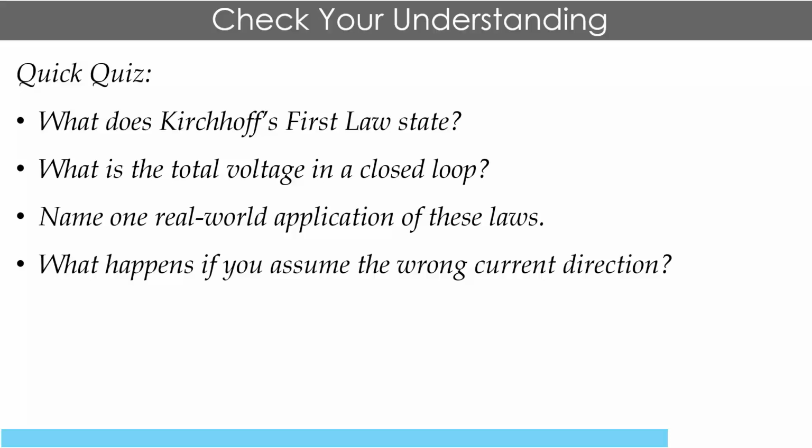Now, the second question says, what's the total voltage in a closed loop? The algebraic sum of voltage in a closed loop is 0, meaning that the voltage supplied is equal to the voltage drop.